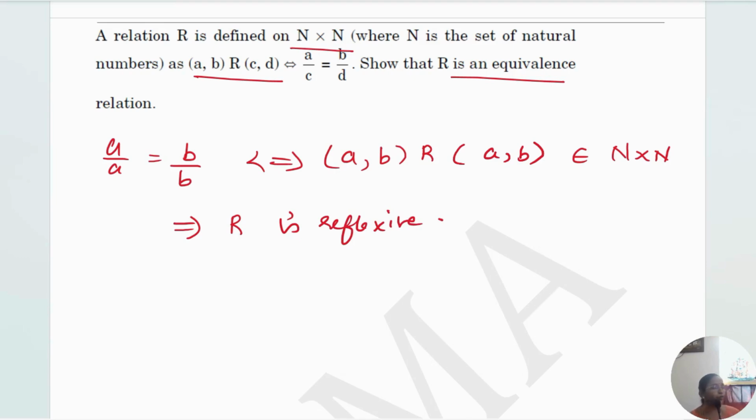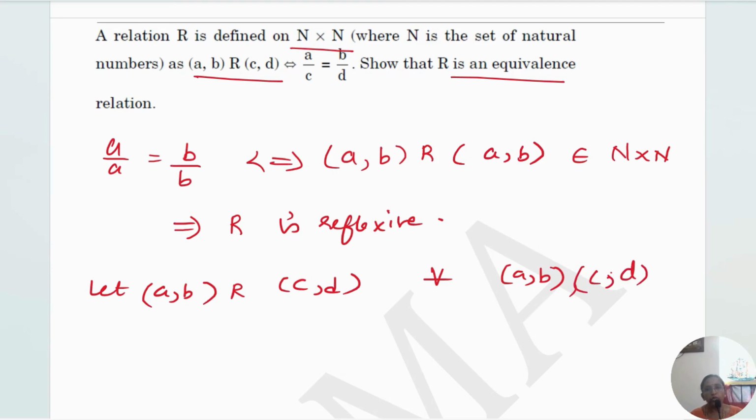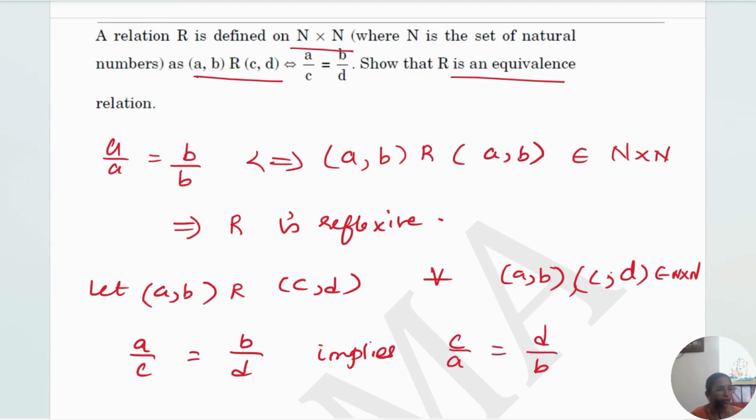Similarly, considering the next condition, let us consider (a, b) is related to (c, d), for all values of a, b, c, d belonging to N cross N. You can write the data as a/c = b/d, which implies, according to our condition checking, c/a = d/b.